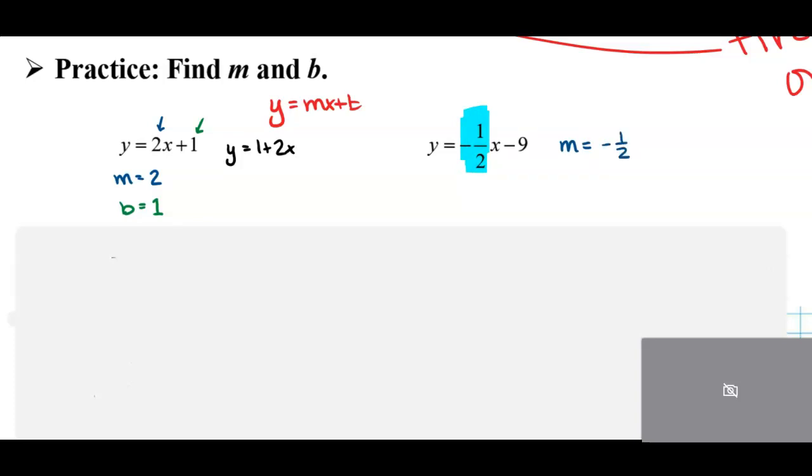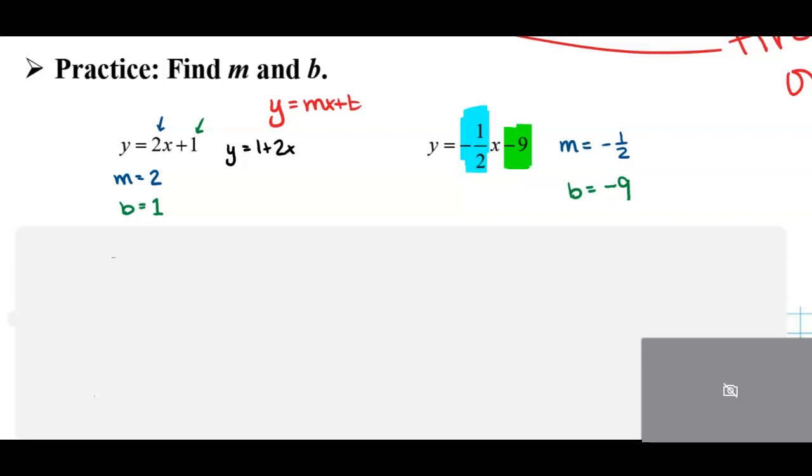The slope is negative 1/2. Now take another look and tell me, what do you think the y-intercept is? As always, the y-intercept is this number that's all by itself, but if there's a minus sign, it needs to stick with that number. So the y-intercept is negative 9, not just 9.